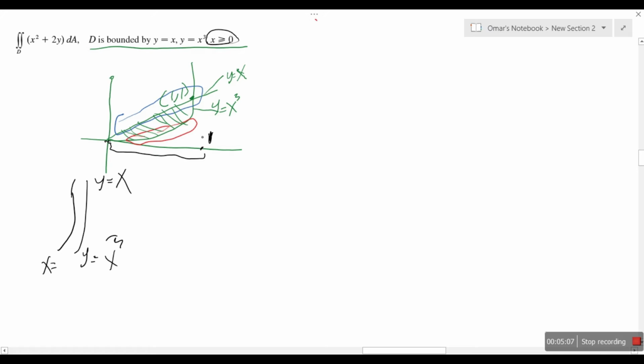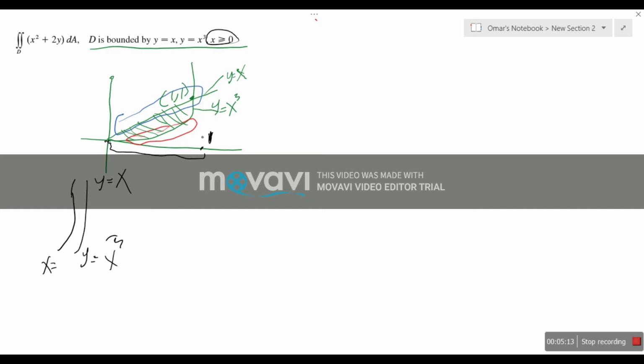So the area bounded in the x direction will be from 0 to 1.